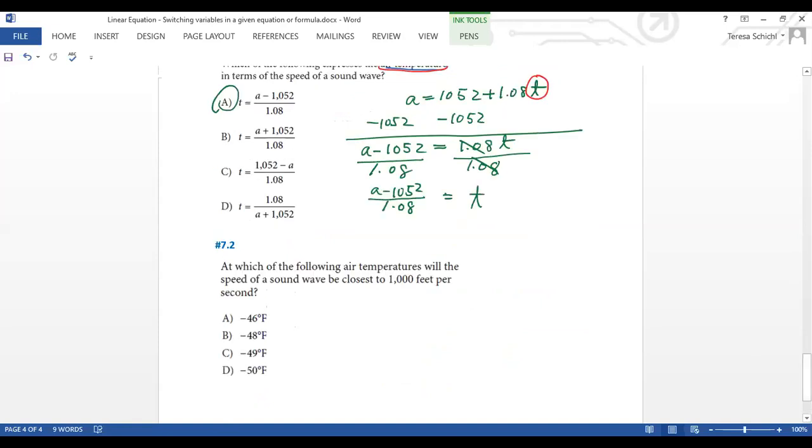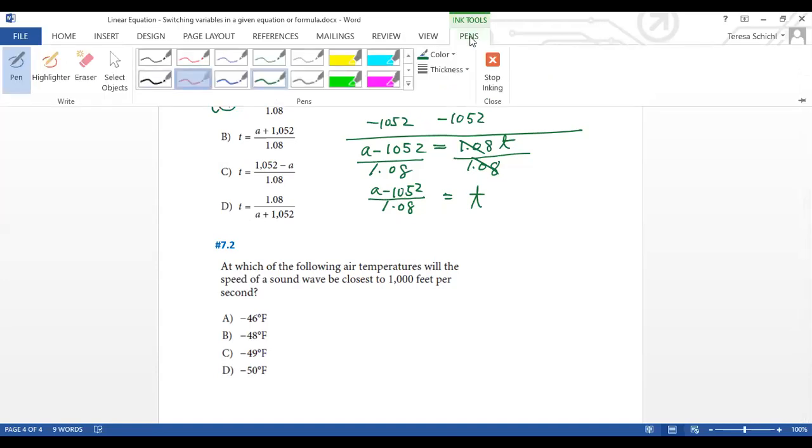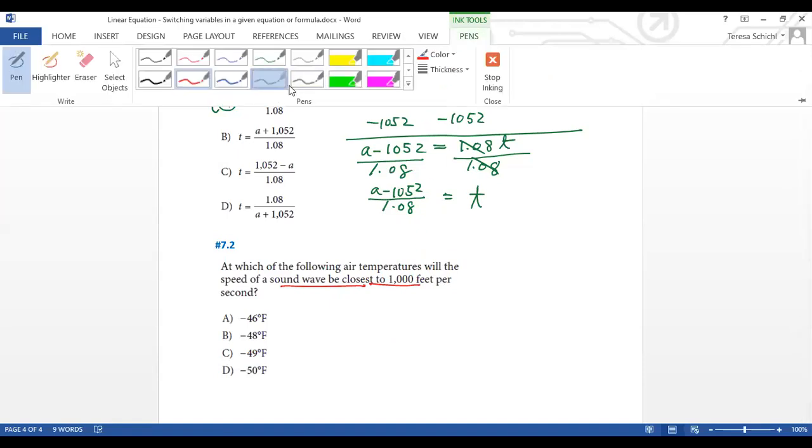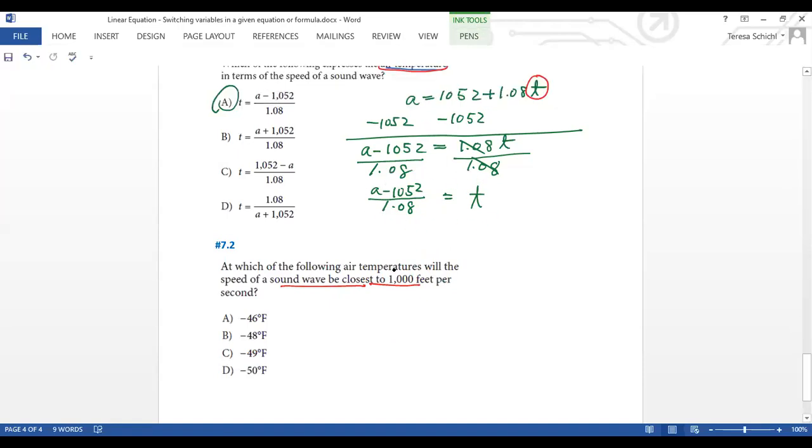Okay, now the second part of this problem is here. Which of the following air temperatures will make the speed of the sound wave close to 1,000 feet per second? So in order to find this, basically they give you this 1,000 as the speed of the sound wave. After I find the formula for t, now when a is equal to 1,000, what is the value?